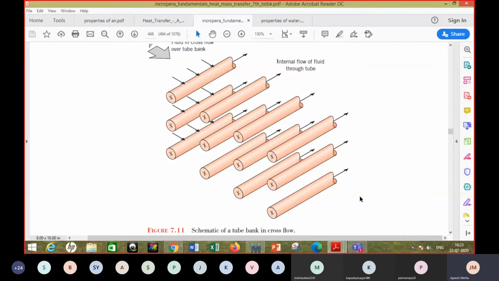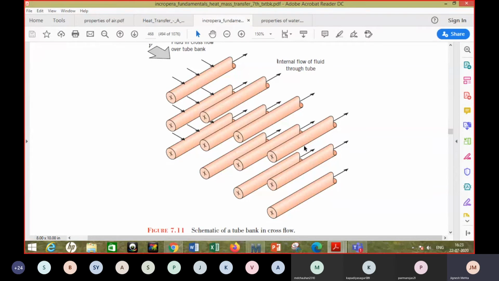Okay. You can put fins inside these tubes also, or you can roughen the surface, or you can have some kind of grooves inside this. That is also done. But more important is to improve the heat transfer rate on the outer surface, right?